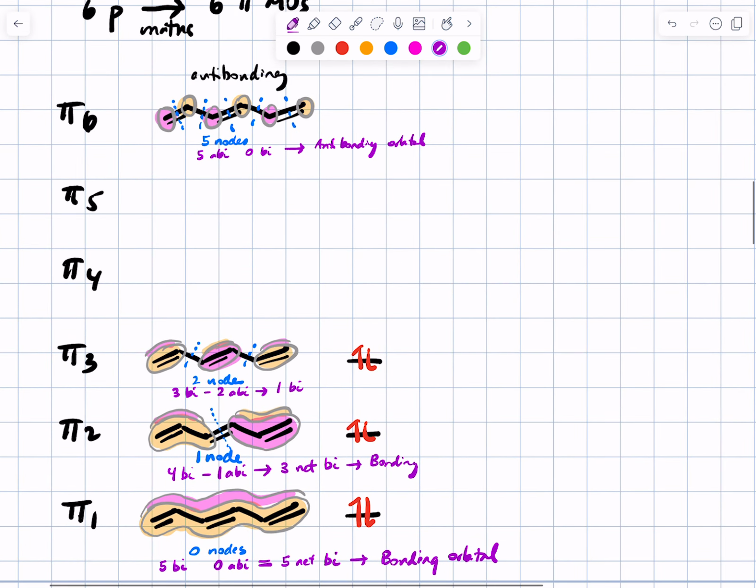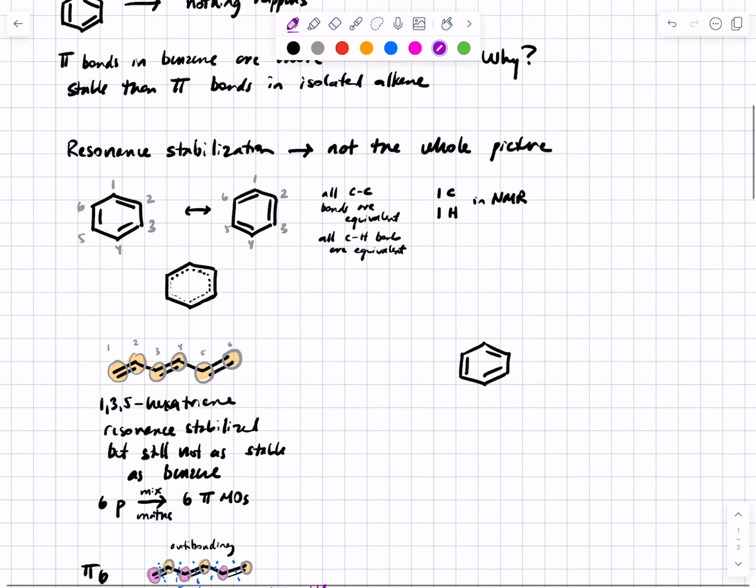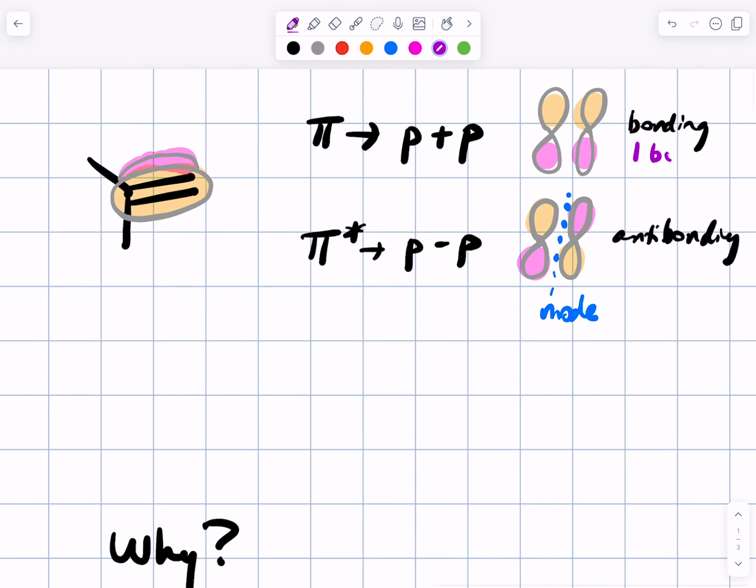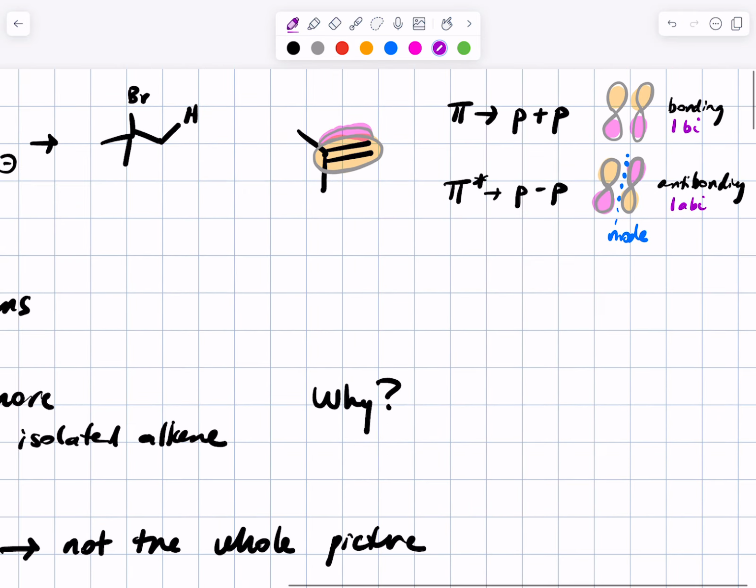And you can use this to rank orbitals in energy, even across molecules. For example, if I zoom out and go back up to a pi bond, I would say that a pi bond has 1 bonding interaction, a pi star has 1 anti-bonding interaction.